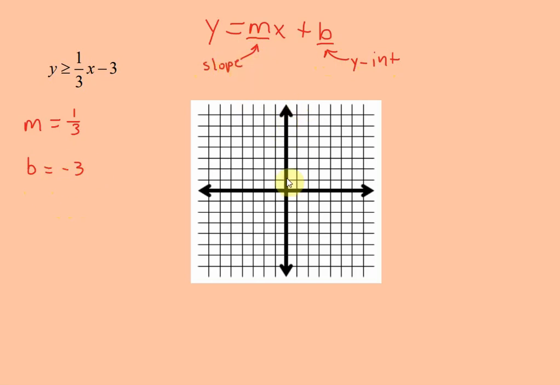So on our y-axis, we're going to go down to -3, 1, 2, 3, and put our first dot. And from that point, we're going to use our slope to do rise over run. So our rise is 1, that means we're going to go up 1, and our run is +3, so we're going to go to the right 1, 2, 3 spaces.